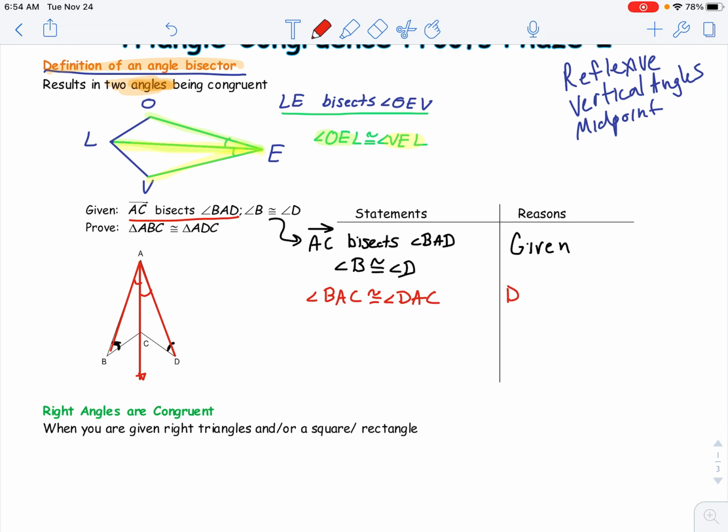All right, definition of angle bisector. So it's essentially just the same thing as midpoint, but midpoint's for segments. Angle bisector is for angles. All right, so that's that right there. So now I clearly have 2 angles that are congruent.